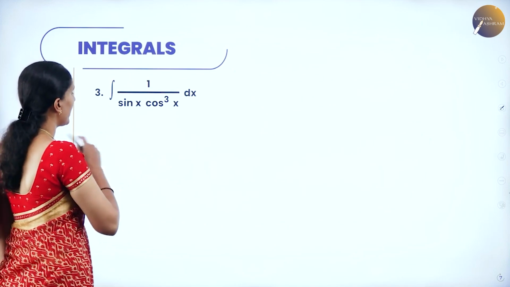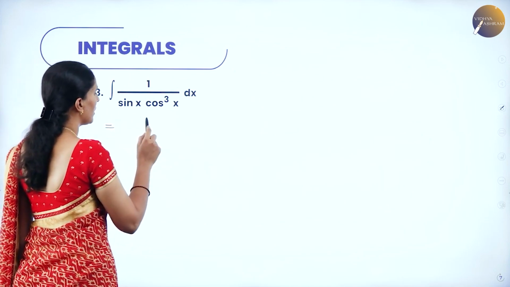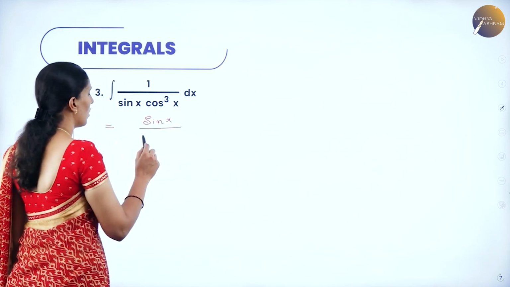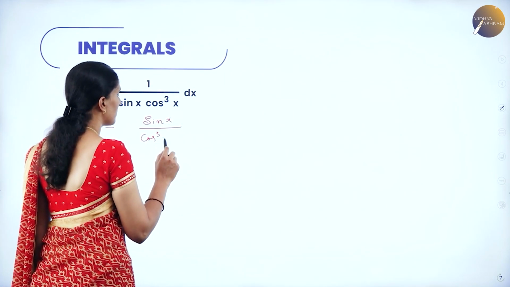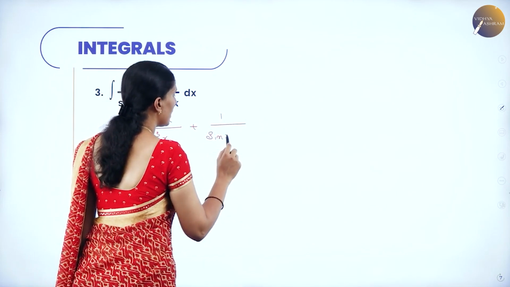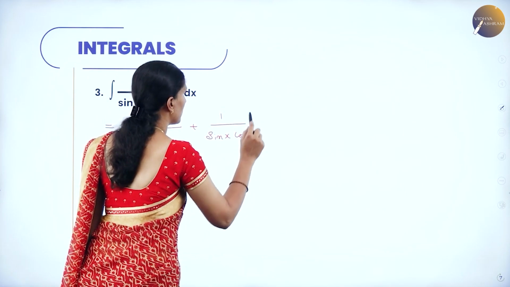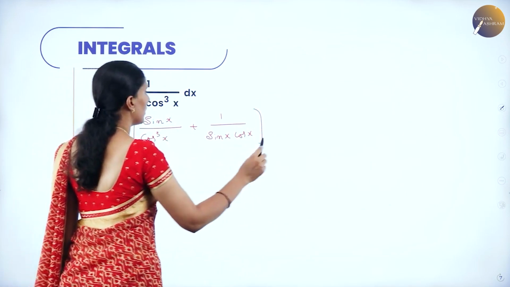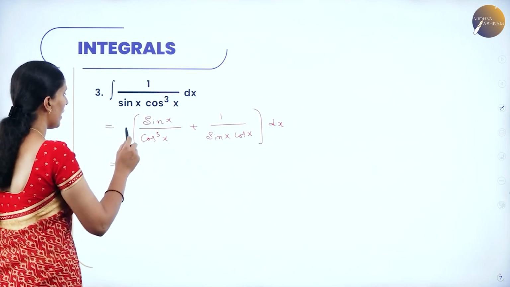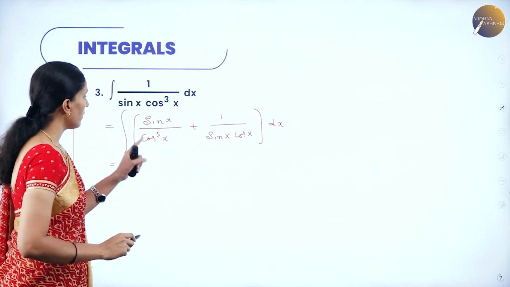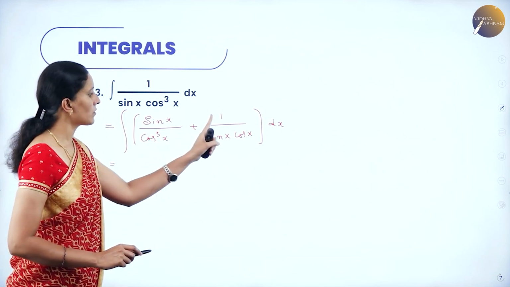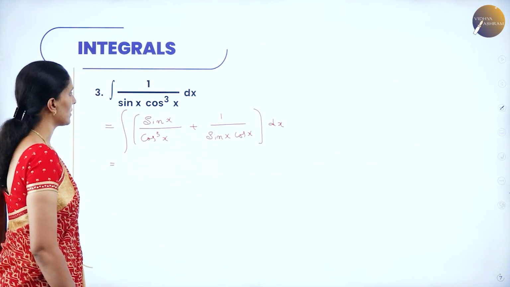So on simplifying, this function can also be written in the form of sin x divided by cos cube x plus 1 over sin x cos x into dx. So next, here we have the integral of sin x divided by cos cube x plus 1 over sin x cos x.